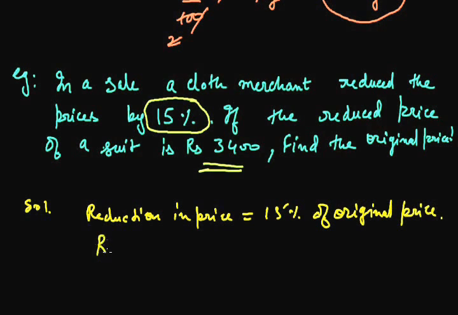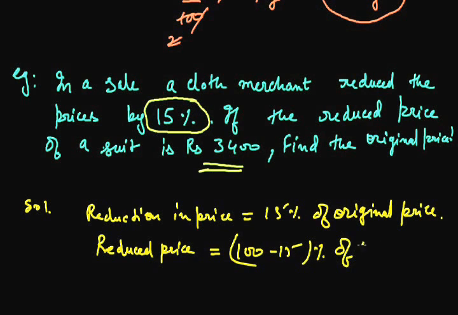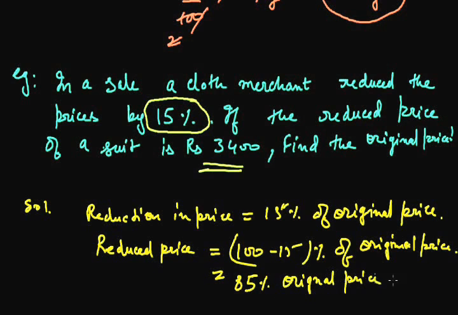Therefore reduced price will be 100 minus 15% of the original price. सिंस क्योंकि रिड्यूस्ड प्राइस हमने रिड्यूस कितना किया 15% किया. मान लो अगर टोटल 100 रुपये होता तो 15 रुपये हमने डिक्रीज कर दिए, तो हमने कितना पे किया, हमने सिर्फ पे किया 85% ओरिजिनल प्राइस का. It will be equal to reduced price.